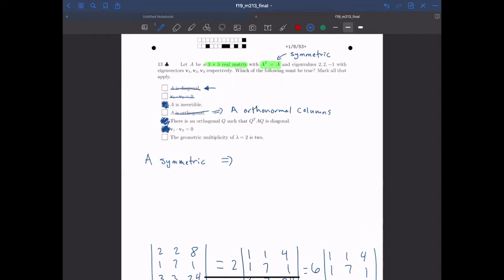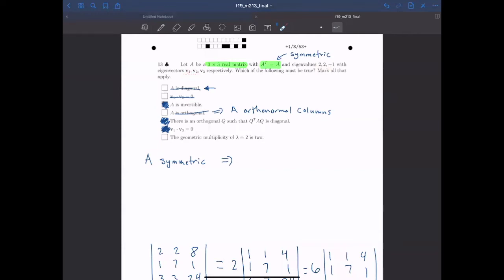So it could just have a geometric multiplicity of 1. Okay, good. That's a good point. So v1 and v2 might not be linearly independent, right? So maybe these aren't the vectors that you want in order to diagonalize your matrix.